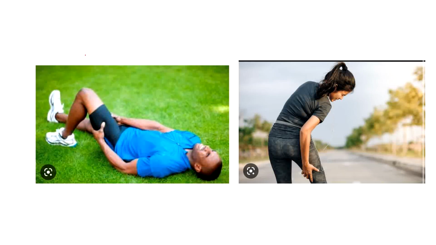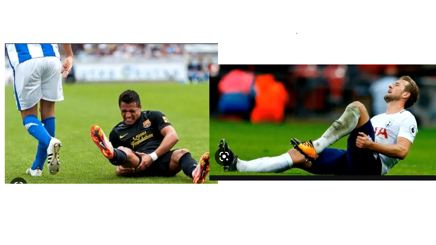Overload of muscle because of excess exercise, excessive running, playing games like soccer. So here what happens? The muscle gets pulled or torn because of improper warming up or excess overload.